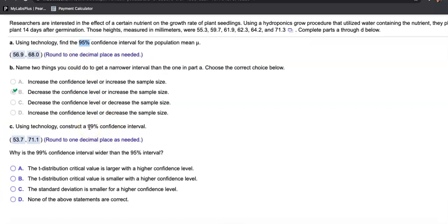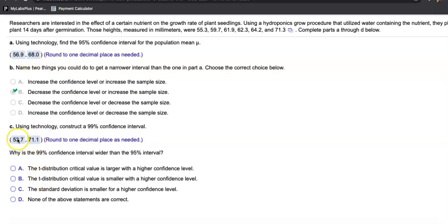So we increased our confidence level. If you want to be even more sure, then your confidence interval should get wider so that you can capture a little more uncertainty. The lower bound used to be 57, now it's down to 53, 54-ish, and the upper used to be 67, and it went up to like 71.